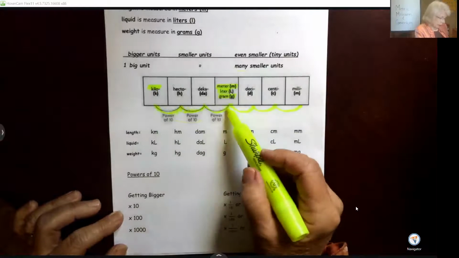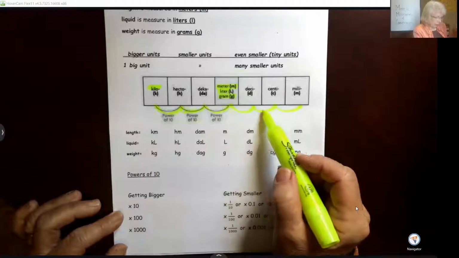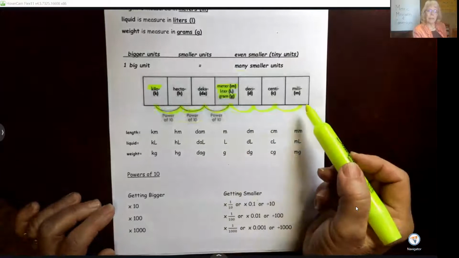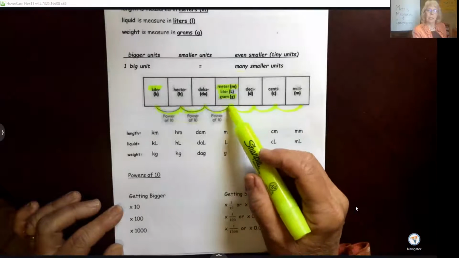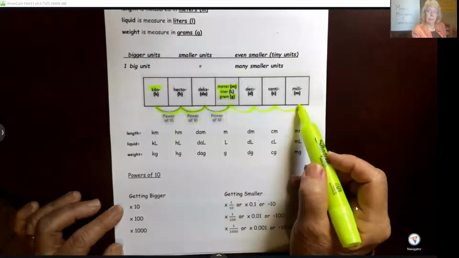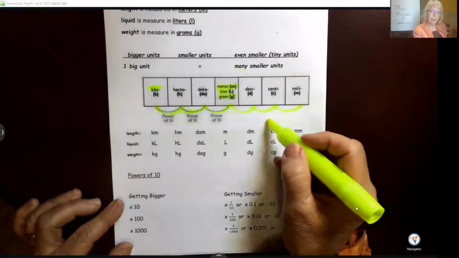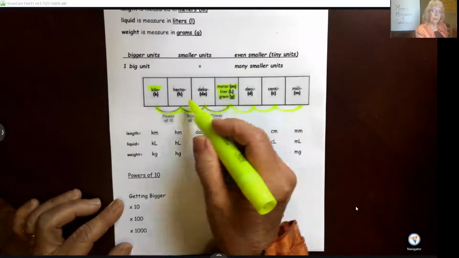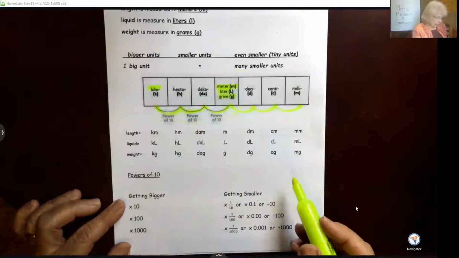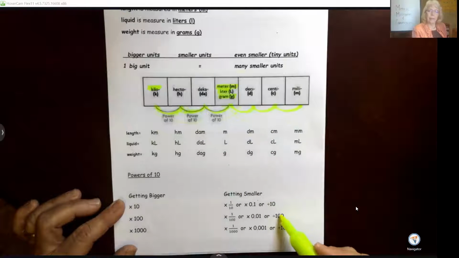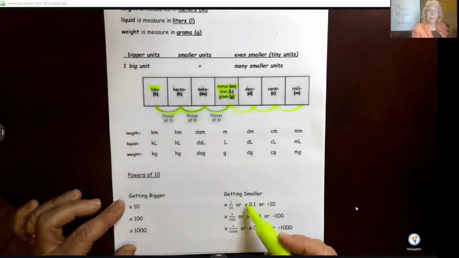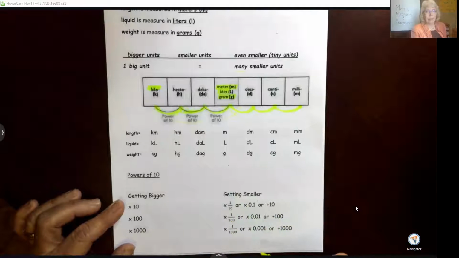And over here, as we keep going, we keep multiplying to get bigger and bigger. So 1 meter is 1,000 millimeters. If we're going the other direction, we're going to be dividing. And we can either divide by 10, 100, 1,000, and so forth, or we can think of it as times 1/10 or times 1/100. I like to think about it as dividing.